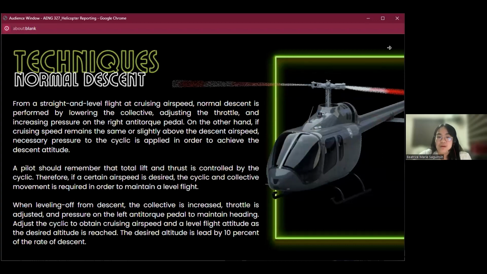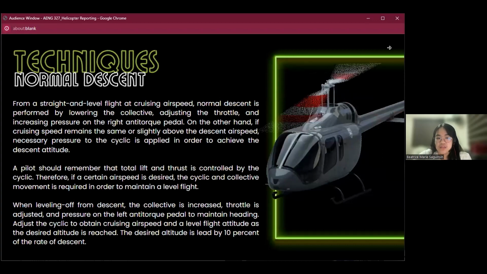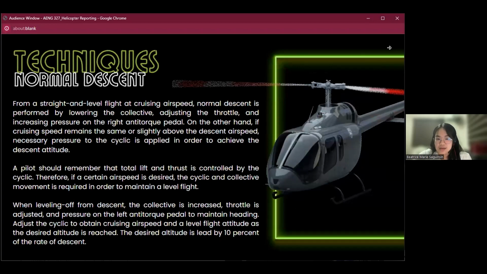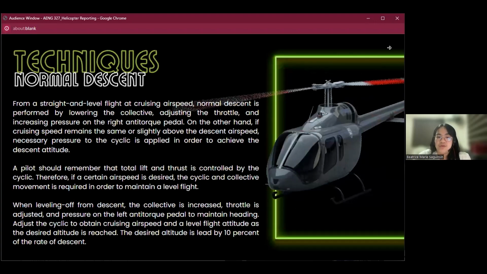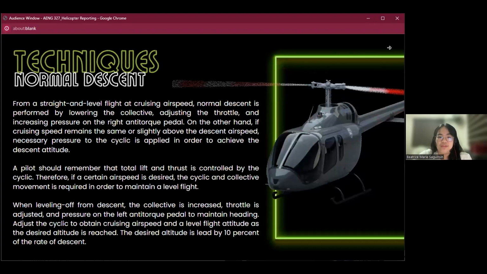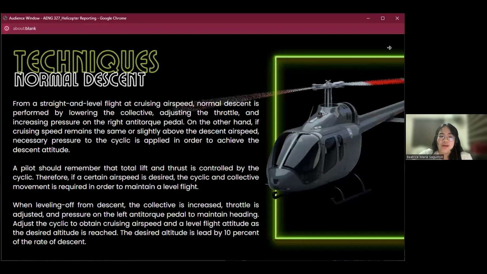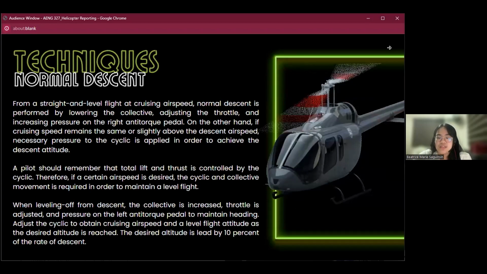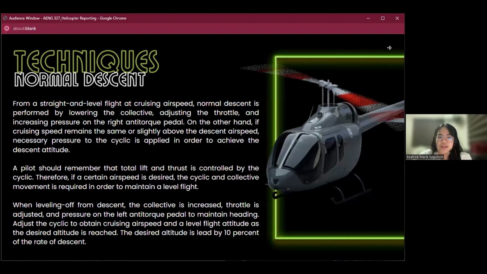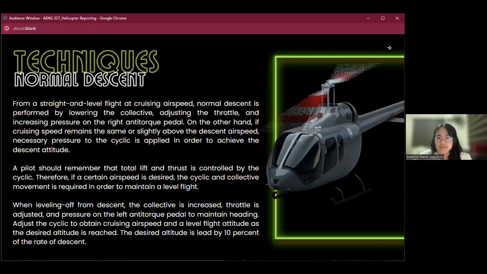A pilot should remember that the total lift and thrust is controlled by the collective. Therefore, if a certain airspeed is desired, cyclic and collective movement is required in order to maintain level flight. When leveling off from descent, the collective is increased, throttle is adjusted, and pressure on the left anti-torque pedal to maintain heading.